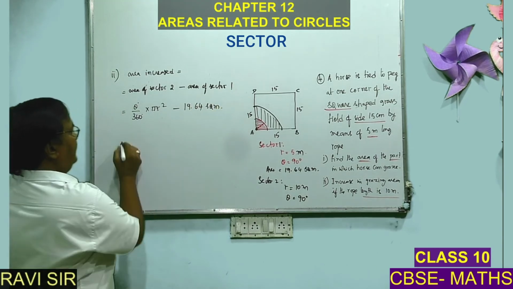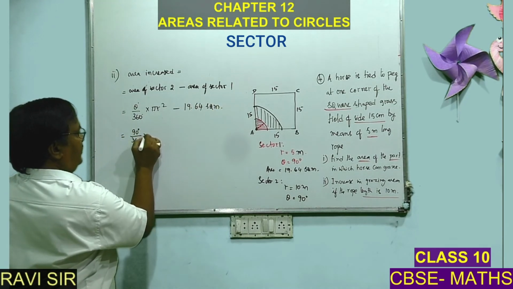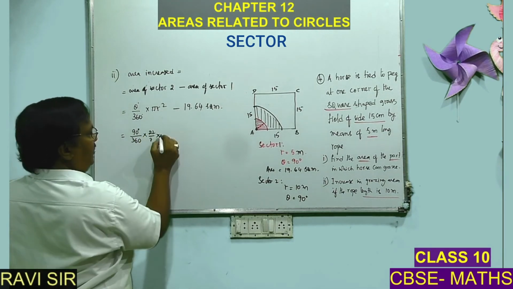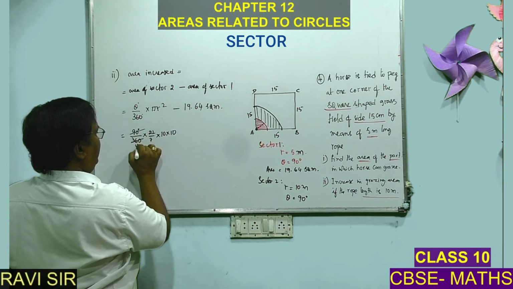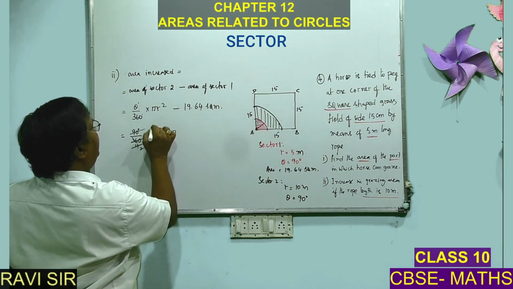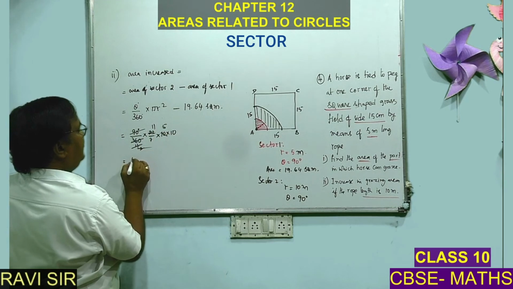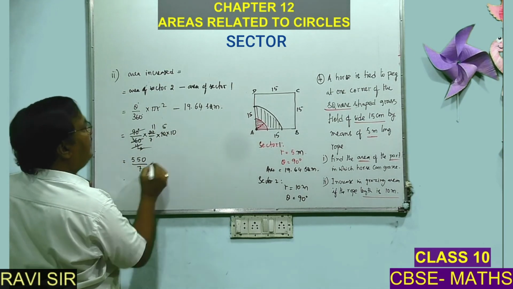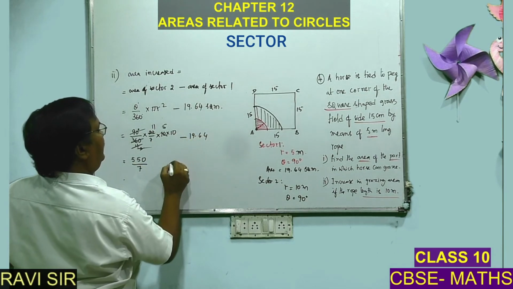Okay, so now how much? 90 by 360 into 22/7 into R squared, which is 10 into 10. So 4 times, 2 times 11, this 2 will go in 5 times. So it is 550 divided by 7 minus 19.64.